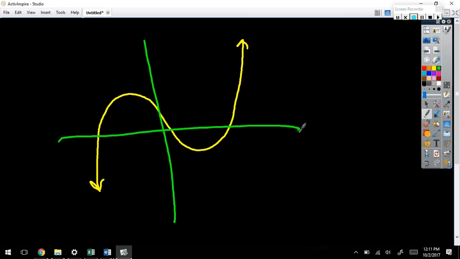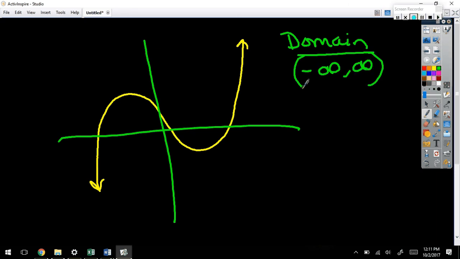Just looking, you can visually look at this and tell. Domain goes which way? Left to right, that's right. So what's the domain? Negative infinity to positive infinity.